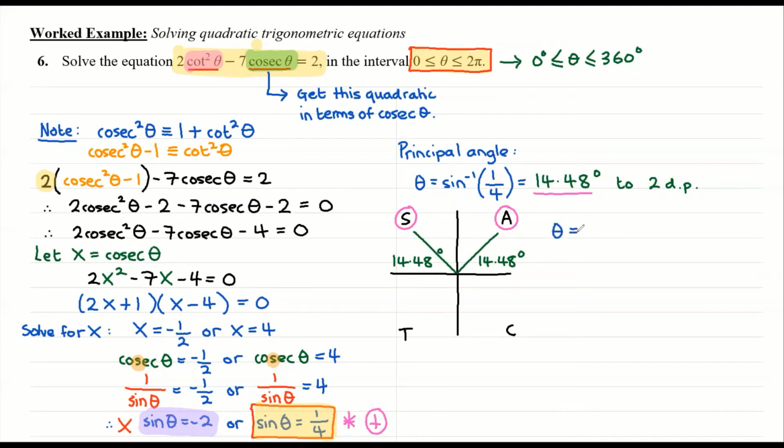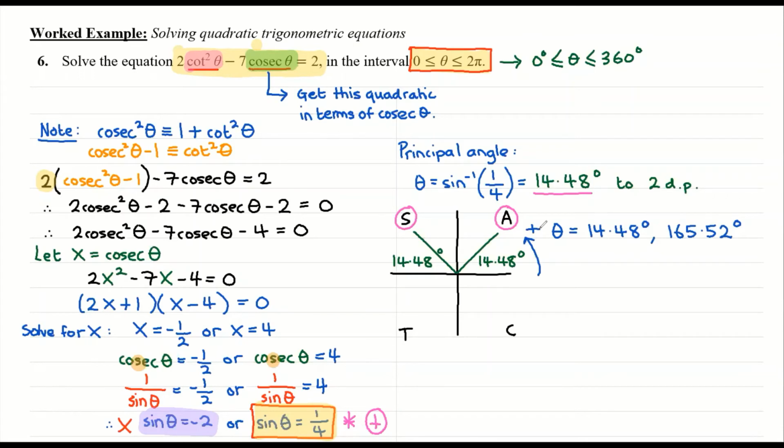So theta is going to equal 14.48 degrees, and then simply subtract 14.48 from 180, which I'll do. So that's 165.52. We only need to go around once, once in that direction. So those are our answers.